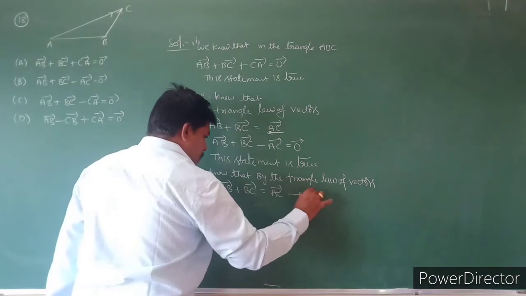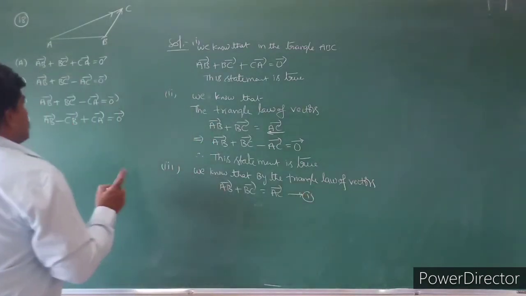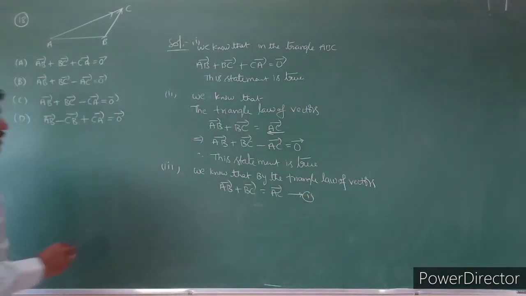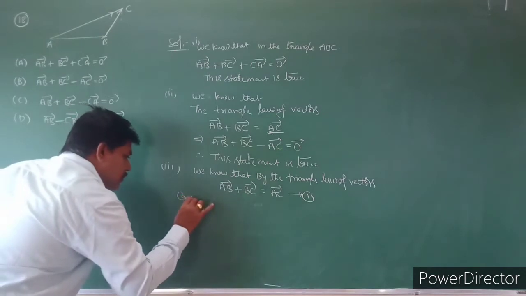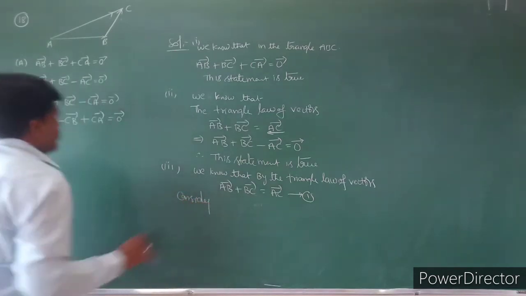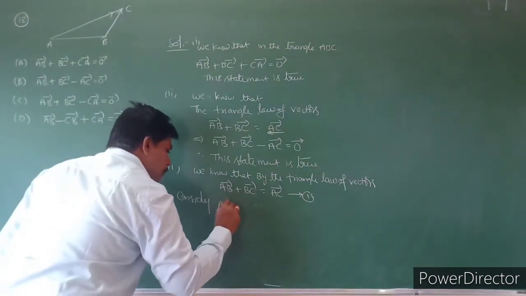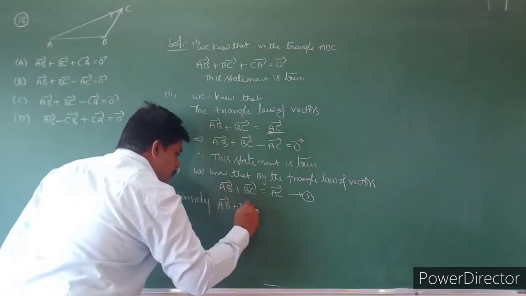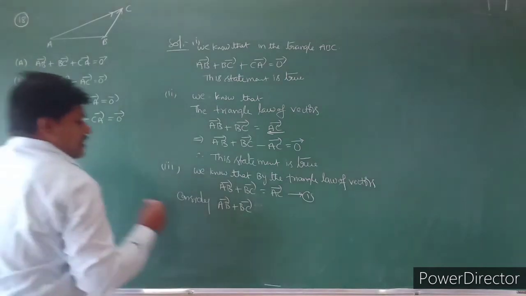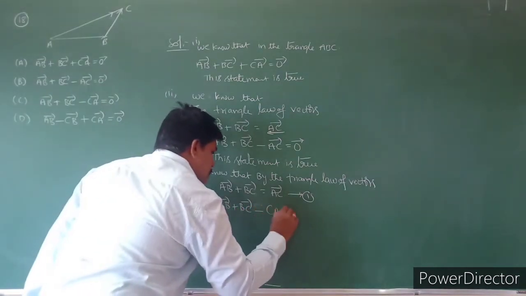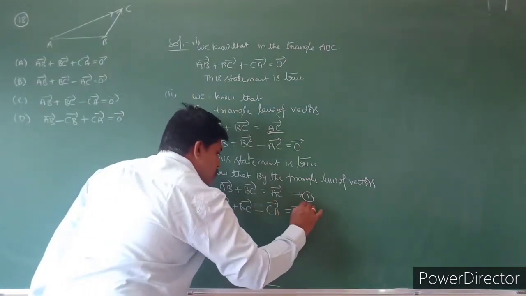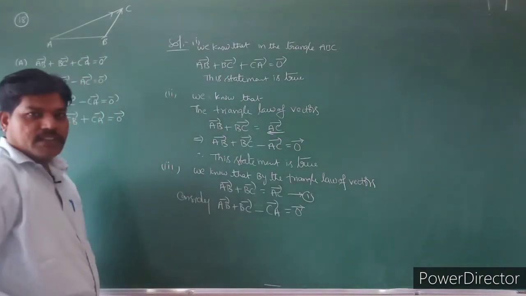Already you know this condition. Okay, so in this term, consider this value. Consider AB bar plus BC bar minus CA bar is equal to 0 bar. This is the condition they are asking.